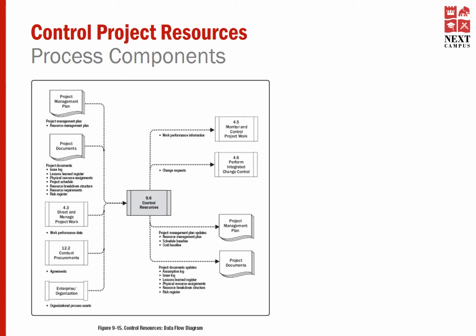Control resources is concerned with some of the following: monitoring resource expenditures, identifying and dealing with resource shortage or surplus in a timely manner, ensuring that the resources are used and released according to the plan and project needs, informing appropriate stakeholders if any issues arise with the relevant resources, influencing the factors that can create resource utilization change, and managing the actual changes as they occur.